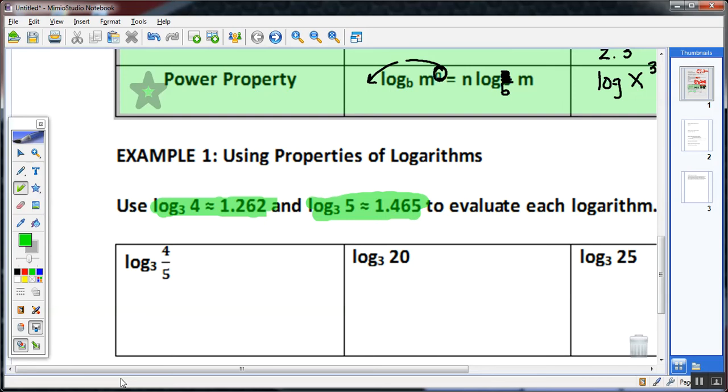It's a quotient. So I would use the quotient property, which says log base 3 of 4/5 is equal to what minus what? How would you rewrite this, kids?